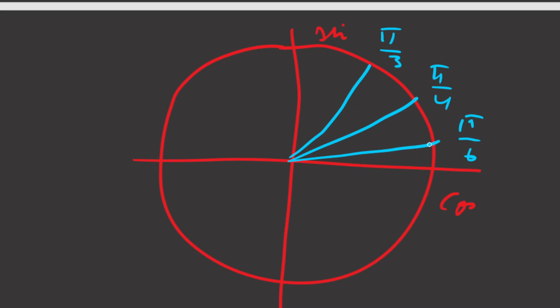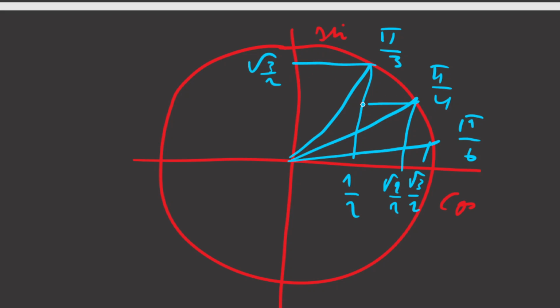So here for the cosine, we have square root of 3 over 2, and we have here square root of 2 over 2, and we have here 1 over 2. And this is basically the opposite, as if you can say that. So this is here square root of 3 over 2, and this is square root of 2 over 2, and this one is 1 over 2.